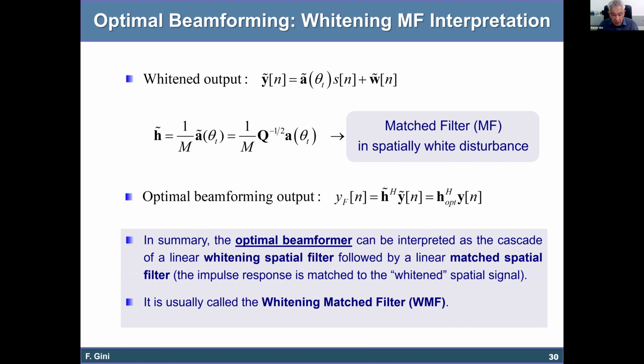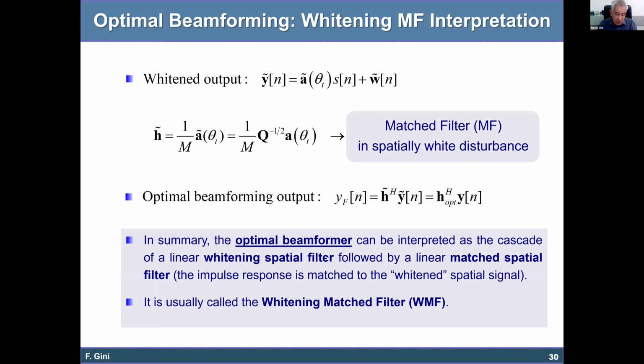The first one is a whitening transformation. When you whiten the data, you also change the array response. And the array response of the whitened data is A tilde. And the second step is a matched filter, but matched to the transformed array response.